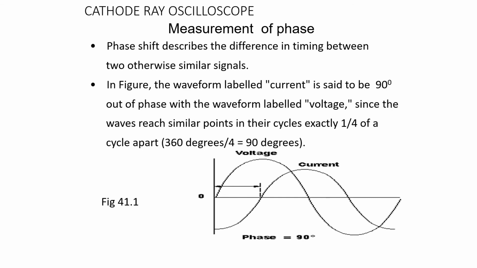Voltage waveform has started earlier than the current waveform. Since the waves reach similar points in their cycles exactly one-fourth of a cycle apart, that is 360 by 4, it is 90 degrees. So here the phase difference between the voltage waveform and the current waveform is 90 degrees.